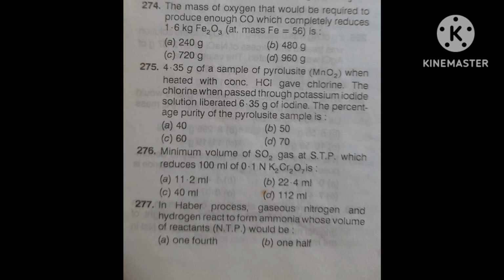Now you can add both reactions. Then you will get MnO2 plus 4HCl plus 2KI. Cl2 in equation 1 and equation 2 will be cancelled when you add. Then what will remain?